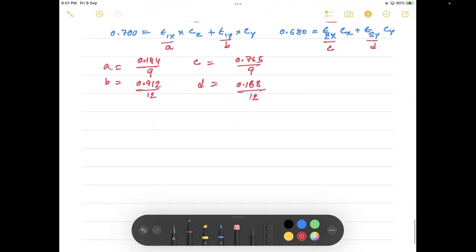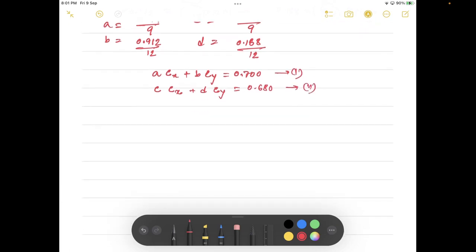So we get the relationship A Cx plus B Cy equal to 0.700, then C Cx plus D Cy equal to 0.680, right? This is equation 1, this is equation 2.